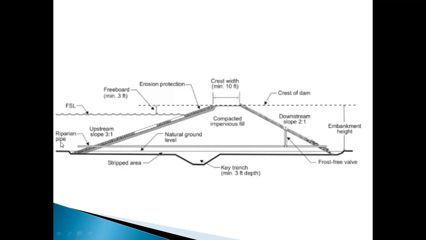To protect the structure from water, in a gravity dam we use water stops, but here we use riprap. That means rock boulders will be placed on the upstream face.